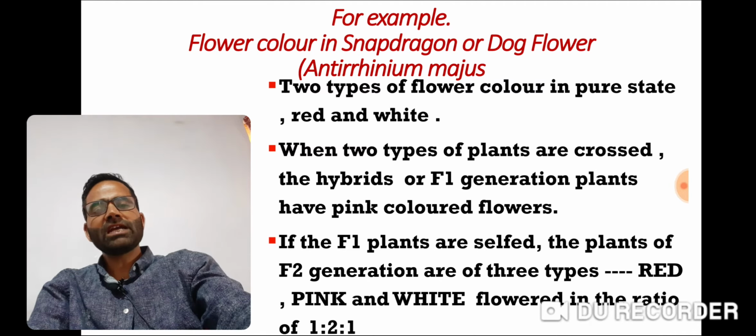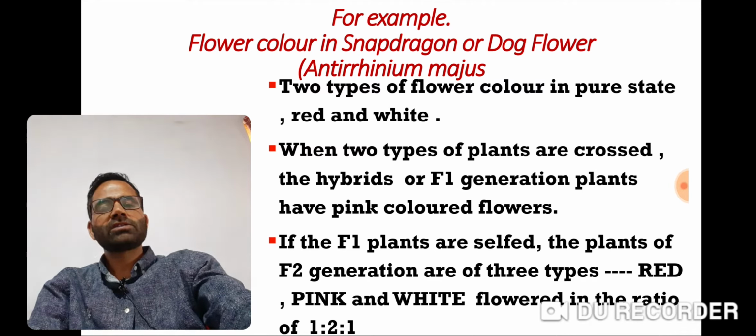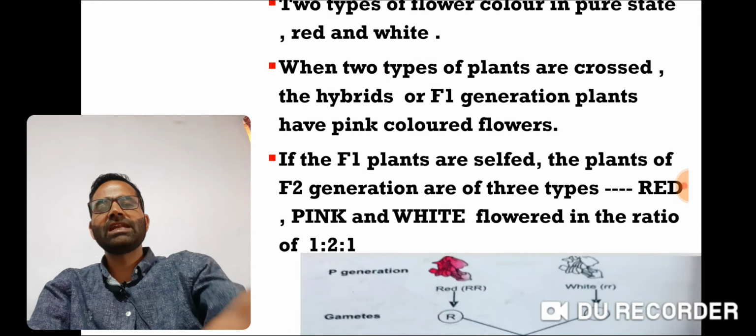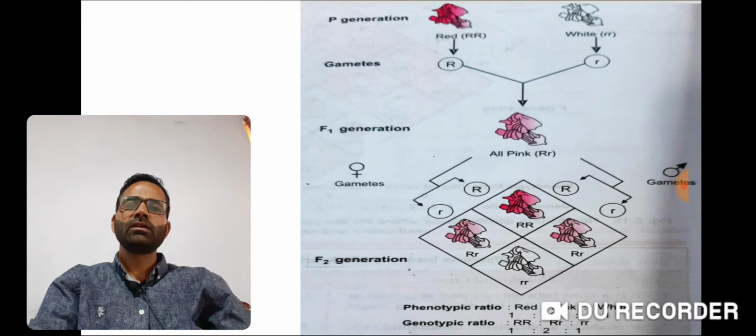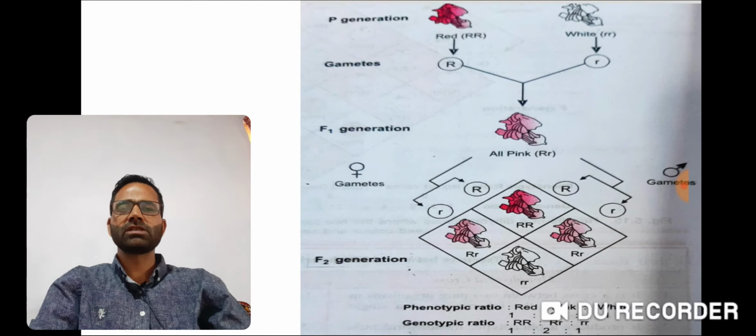Now let's try to explain this incomplete dominance in case of this snapdragon with the help of a diagram. You can see here that the parent generations have two types of flowers, red and white. The plants having red colored flowers are denoted by the factor capital R, while the plants having white colored flowers are denoted by the allele small r.